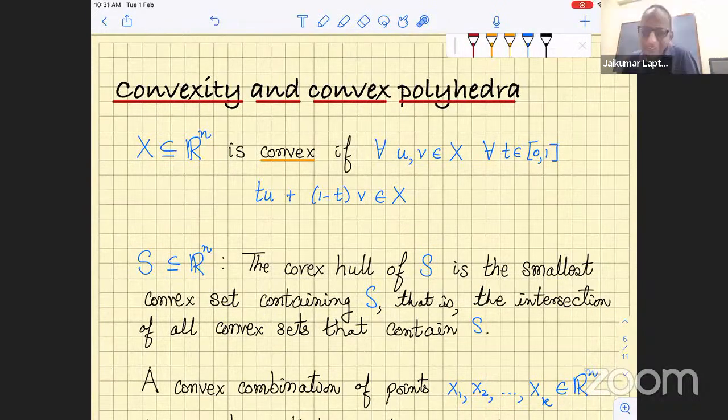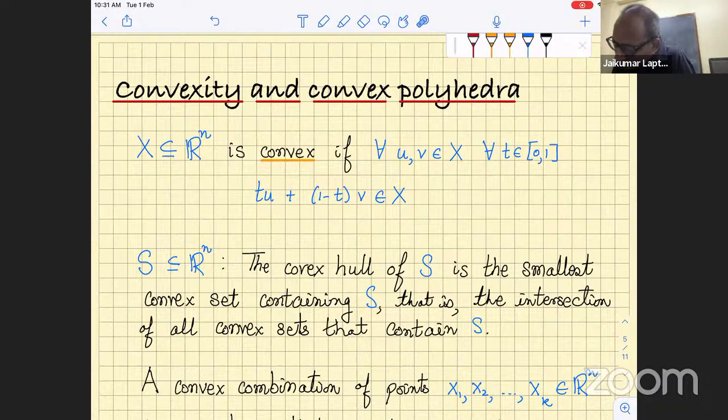I'm probably saying things that you learned in high school or many years ago, but the book develops everything slowly, and there is some virtue in reviewing things that we already know. So you have a subset of R to the power n, and we are asking whether it is convex.